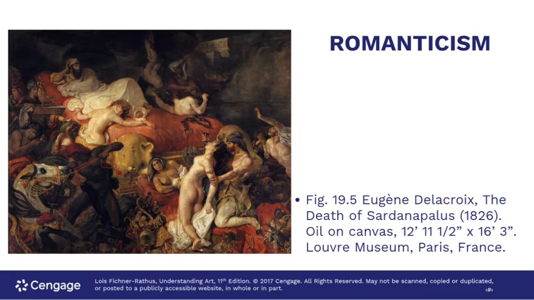And you can see that in the way that Delacroix paints as well. So this is an example of the kind of brushwork that we were talking about with Romanticism. You can see how he's painting the skin. It's not super smoothed over like some of the neoclassical painting was.